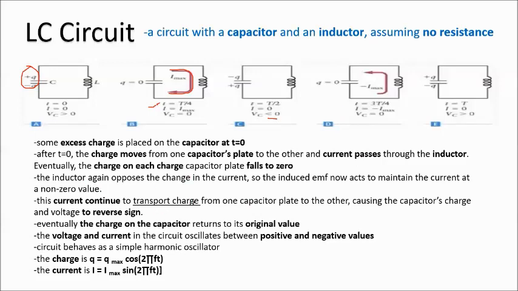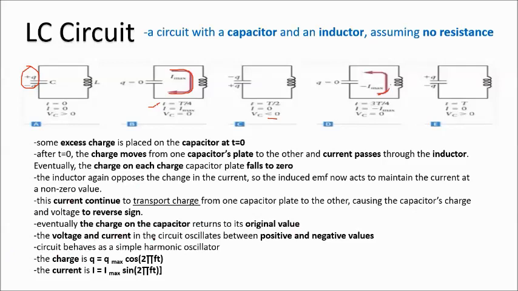The current continues to transport charge from one capacitor's plate to the other, causing the capacitor's charge and voltage to reverse sign. Eventually, the charge on the capacitor returns to its original value.